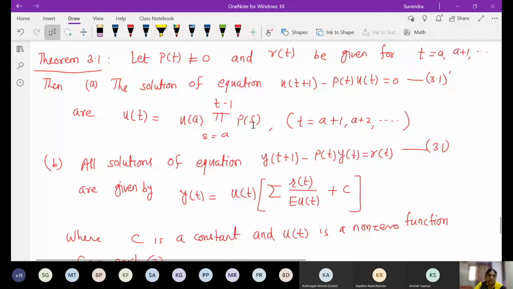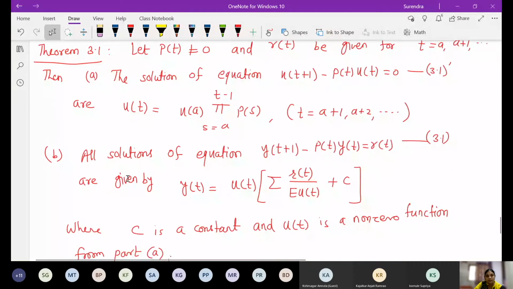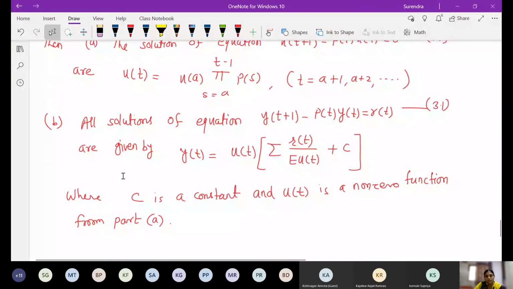It will be p at a, p at a plus 1, p at a plus 2, up to p at t minus 1. And in part B we have to show that solutions of the non-homogeneous equation are given by y t is equal to u t into the summation of r t divided by e u t plus c, where c is a constant and u t is a solution of the homogeneous equation.